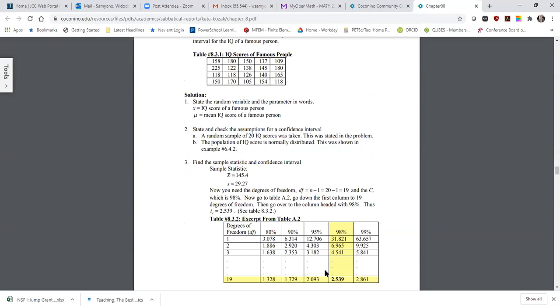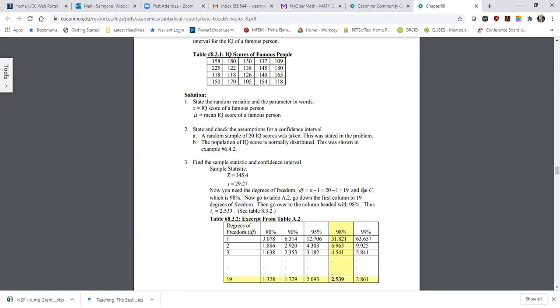Yeah, this just shows you using different degrees of freedom. Okay, so you can see the higher the degrees of freedom, the smaller the critical value, right?